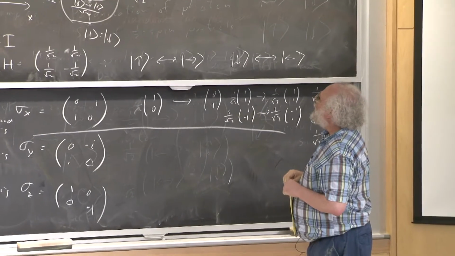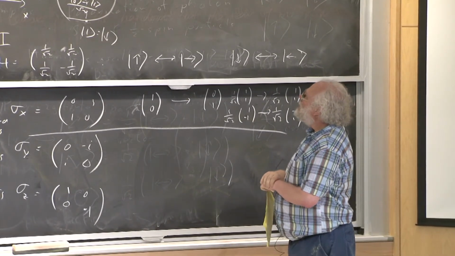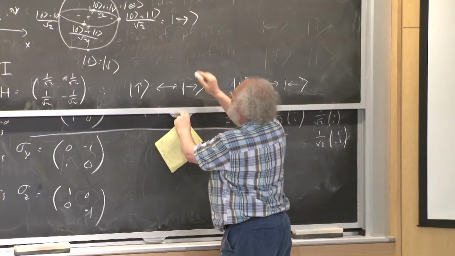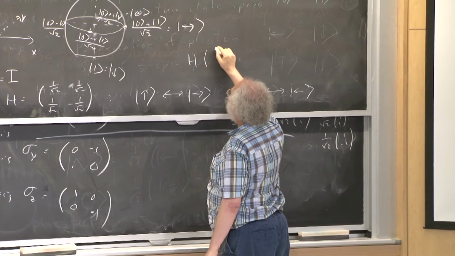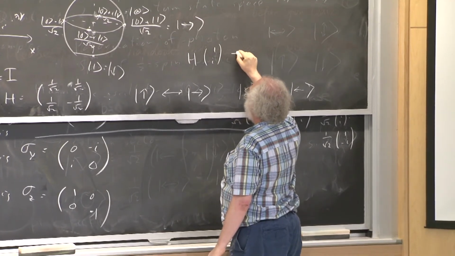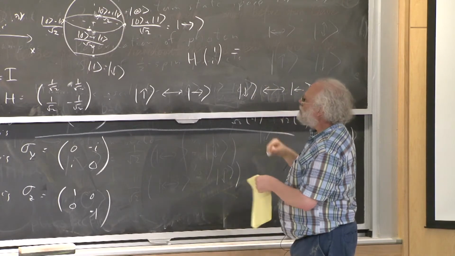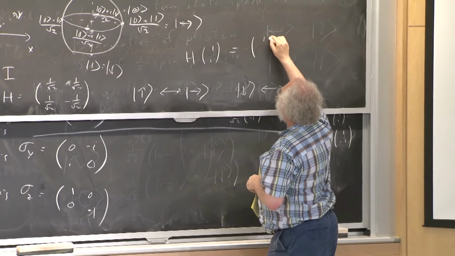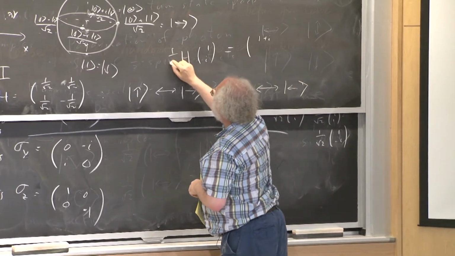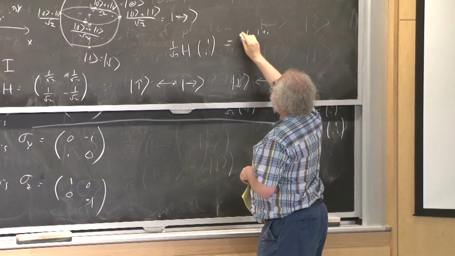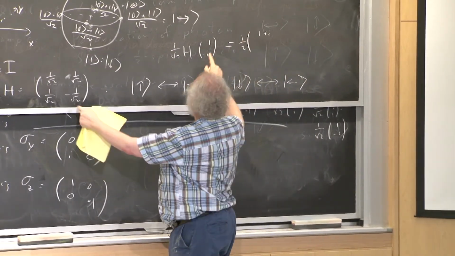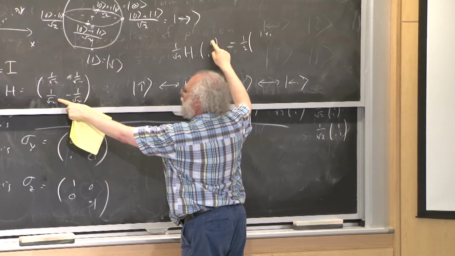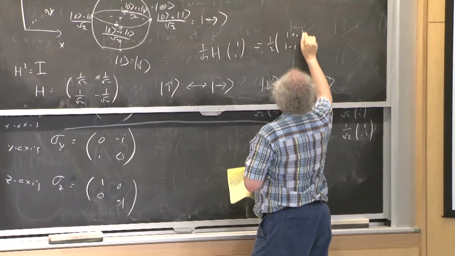And what does it do to 0 plus i, 1? Okay, this gets complicated. 1 over 2, 1 plus i, gives you the top thing as 1 plus i, and the bottom thing is 1 minus i.